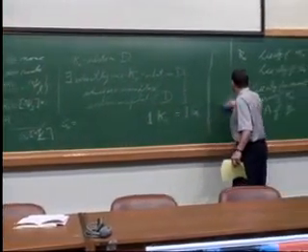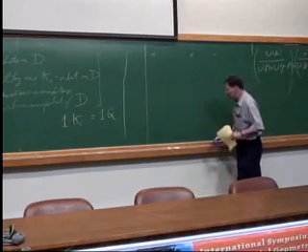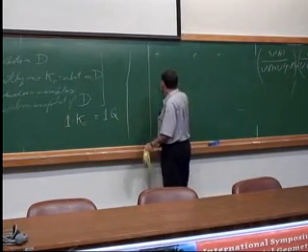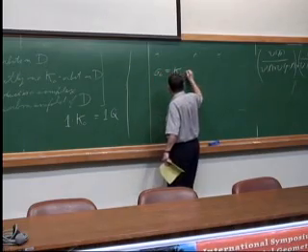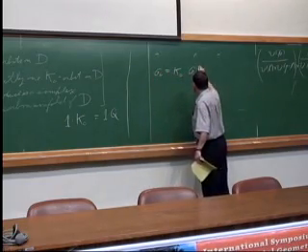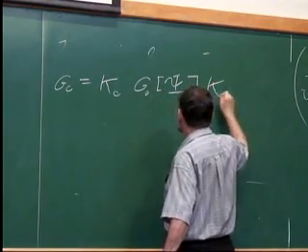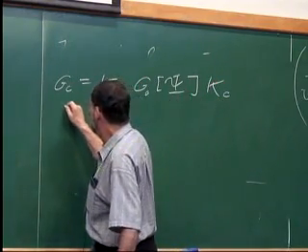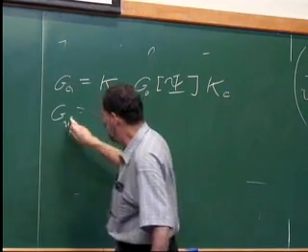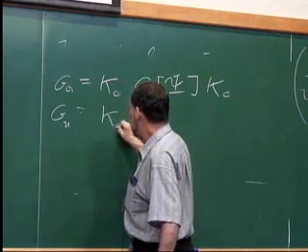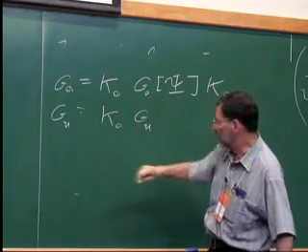A classic theorem of Cartan specializes to tell us that G0 can be written as K0, G0 psi, K0, and G can be written as the compact form, written as K0, compact form of the complexification.